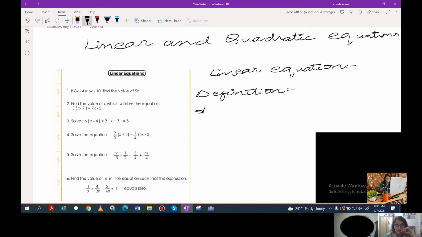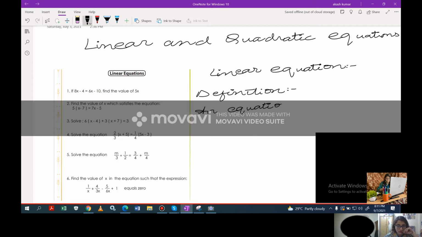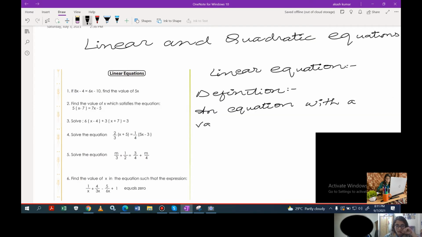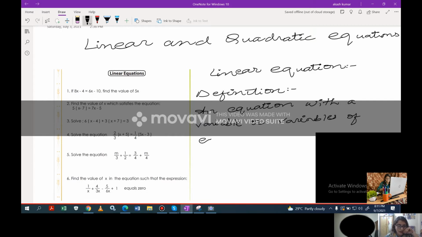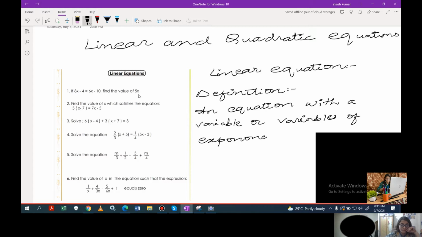So the definition is an equation with a variable or variables of exponent 1.